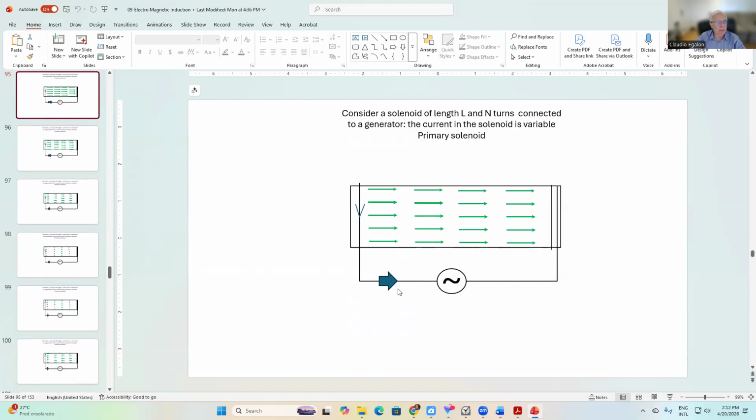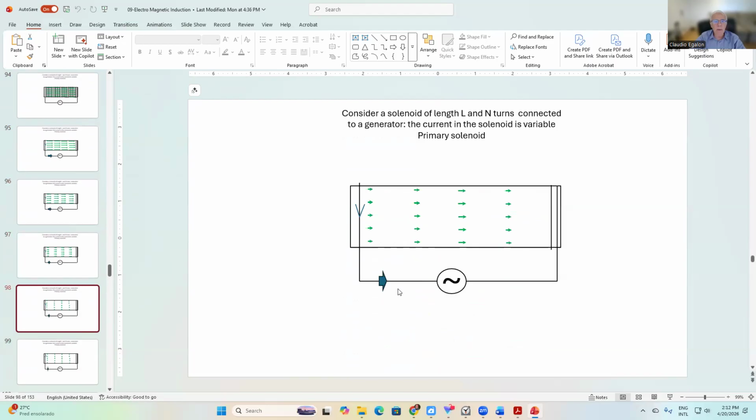I'm going to document everything that I'm saying. If the magnetic field is decreasing, the magnetic flux is also decreasing. Consequently, the induced current in this solenoid is going to be in the same direction as the regular current in the generator. It's opposing the change in the magnetic flux.